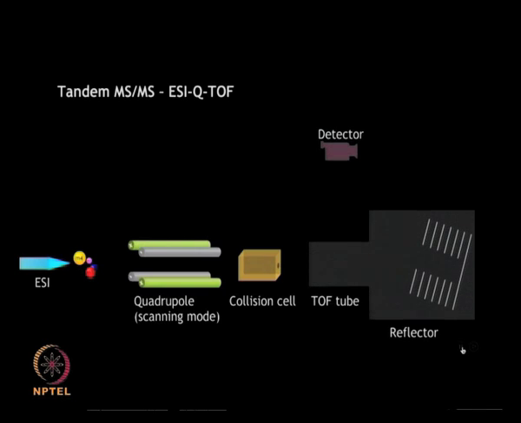ESI QTOF is another common tandem MS configuration that first selects ions in radio frequency mode, selected peptides are fragmented in collision cells and resulting ions are accelerated and resolved on the basis of their time of flight.